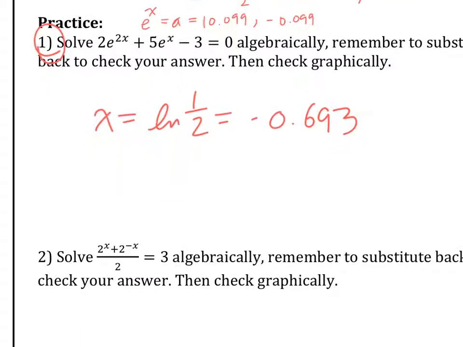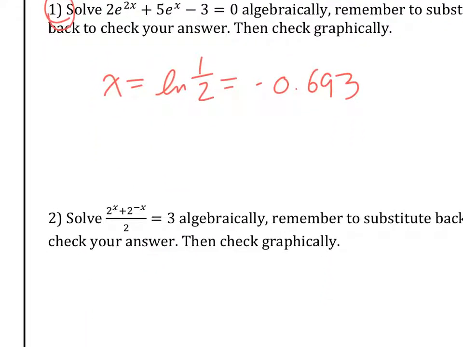Okay, number 2, you need to start the same way. So 2 to the x plus 2 to the negative x equals 6, and then go from there. This is not as easy as the previous two problems because the base is no longer e. So you can't use a natural log to cancel that base. You do need to use a log base 2 if you want to cancel.